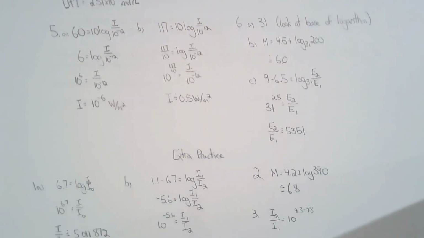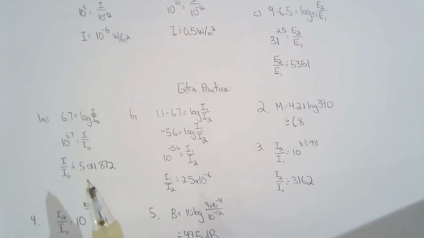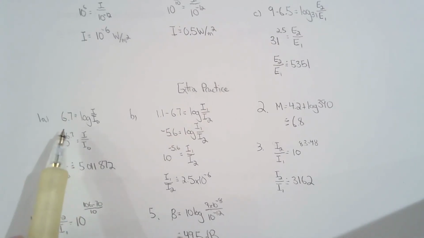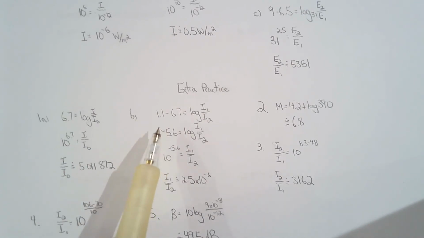Okay, so for extra practice, number 1, we're comparing 2 earthquakes again. One earthquake measures 6.7 on the Richter scale. How many times as intense as a 0 earthquake? So just solve for the ratio. For B, you're comparing 2 earthquakes.